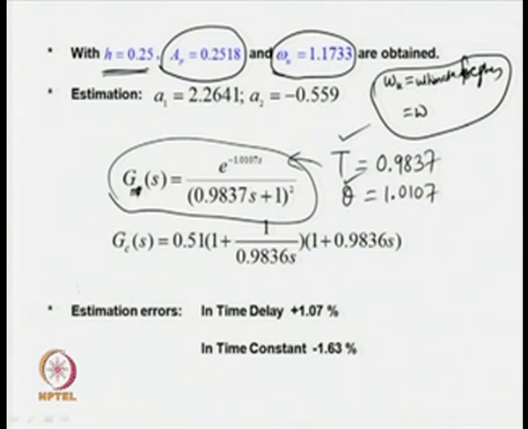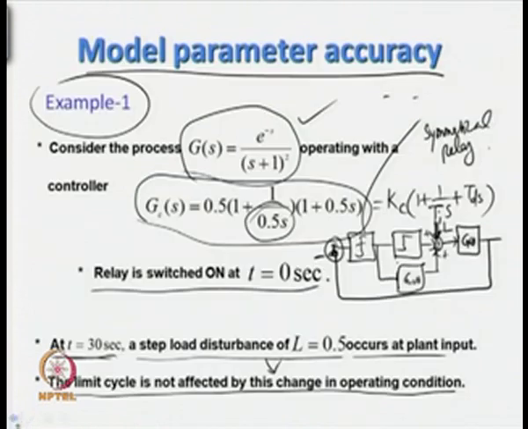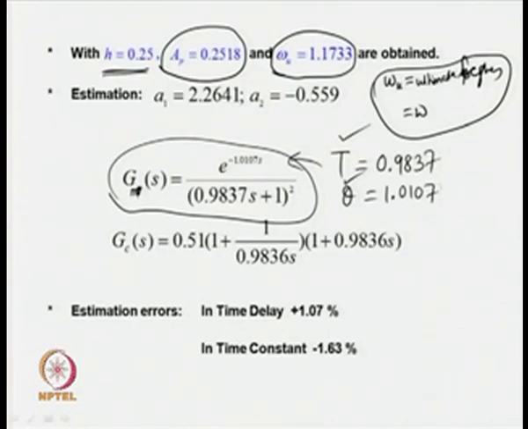Now, if you see, ideally the T should have been 1 and theta is equal to 1. So, ideally our analytical expression should have given us T equal to 1 and theta equal to 1. In place of that, we have estimated T as 0.9837.